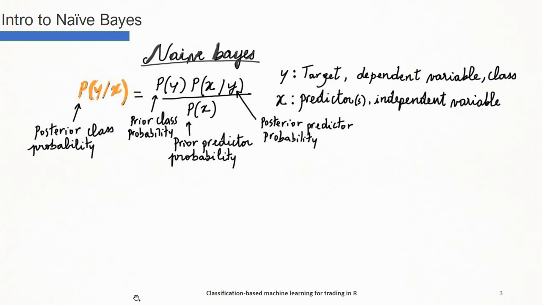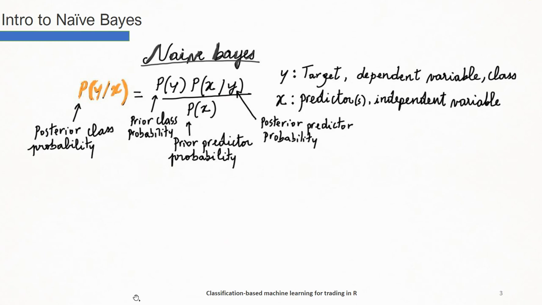So what Naïve Bayes wants to achieve is to predict the posterior class probability, which is the probability of y given x. Or in other words, what is the probability that the prediction would be y given that we know x.